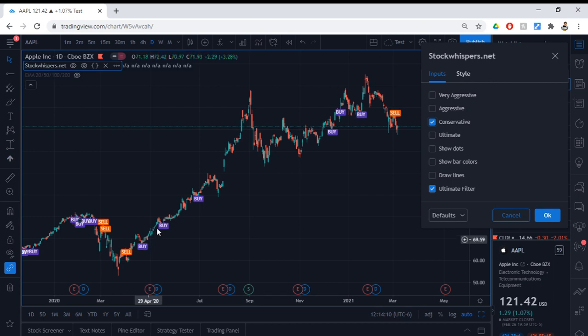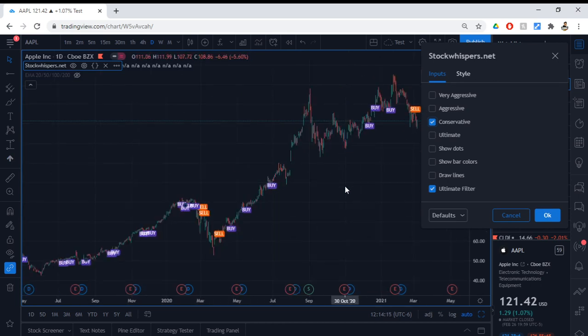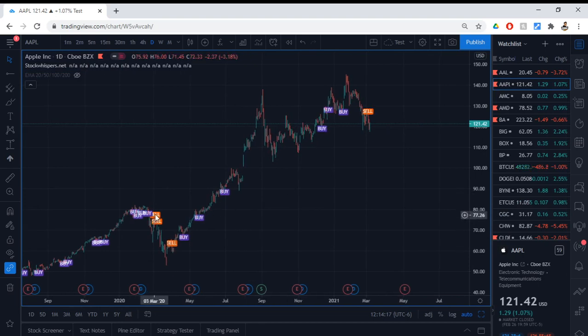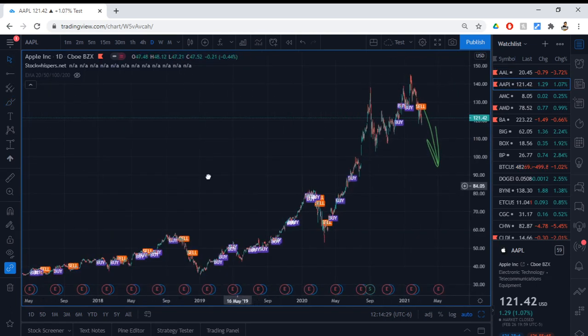Conservative, this is what it is. Would have got you in here, here, here, here. Conservative is looking actually pretty good. Last time you got a sell, it dropped substantially. Now you got a sell here. What you're expecting is probably this to drop substantially. It's up to you, you know.